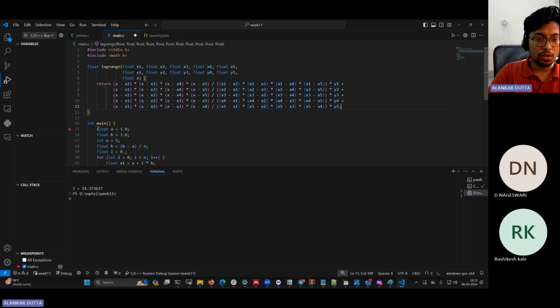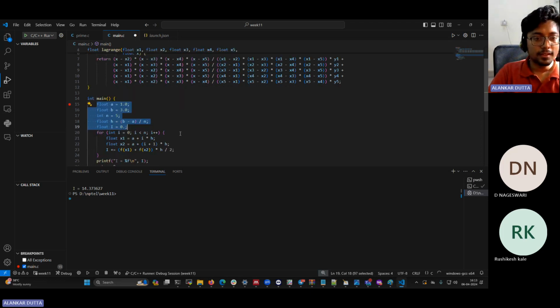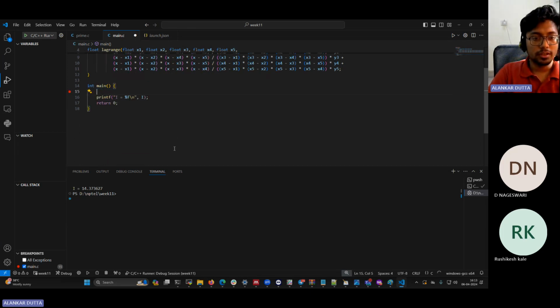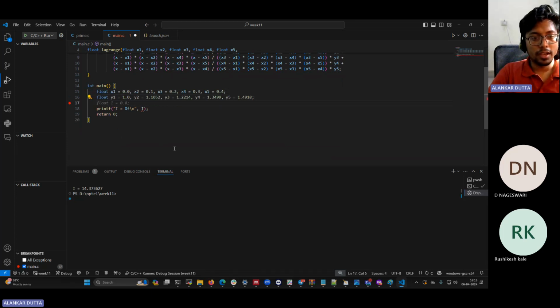So now let's define the Lagrange interpolation. Here we'll be defining the values of the y's and putting this in, and then we want to find out the value of the function.